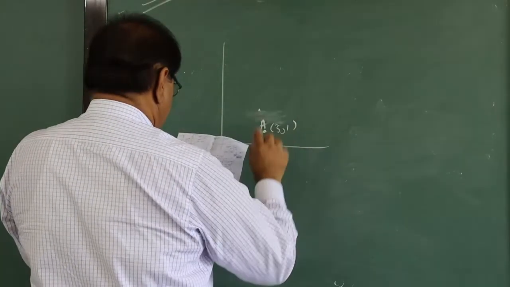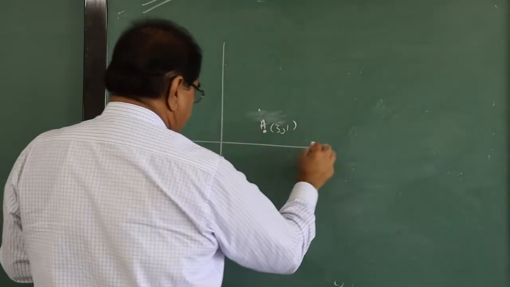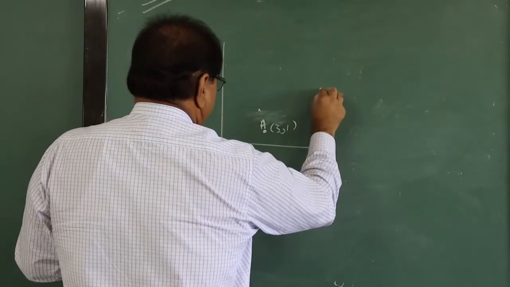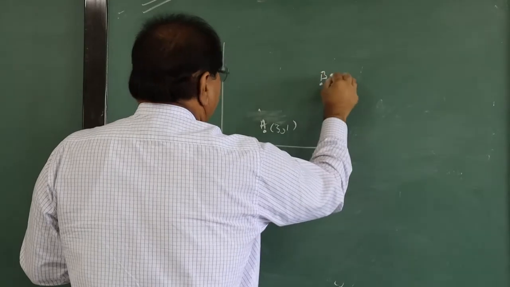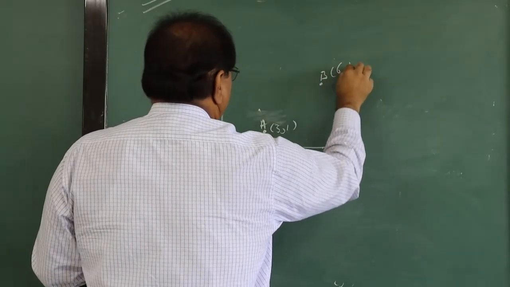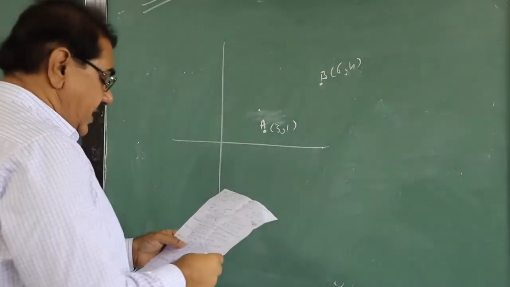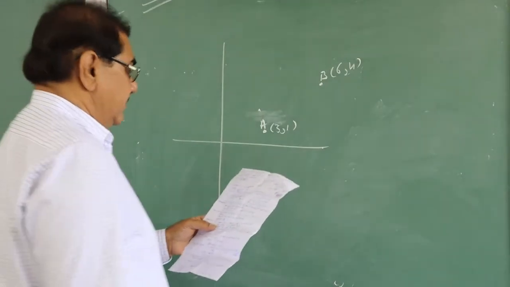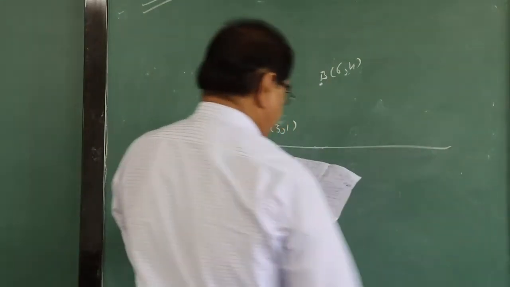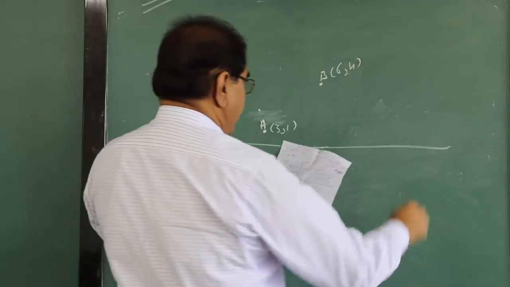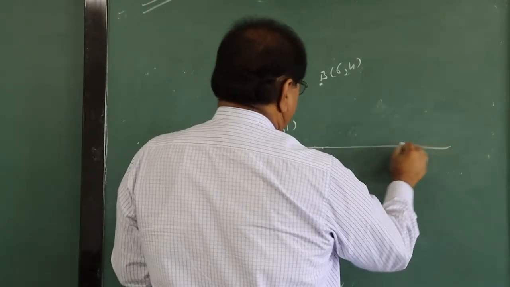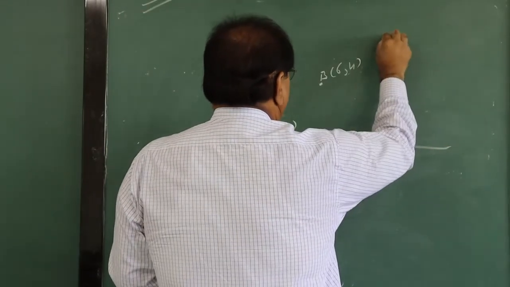I take B, and she is sitting at (6, 4). At point B, the coordinates are (6, 4). And third is Camilla. I take C, and she is sitting at the point (8, 6).